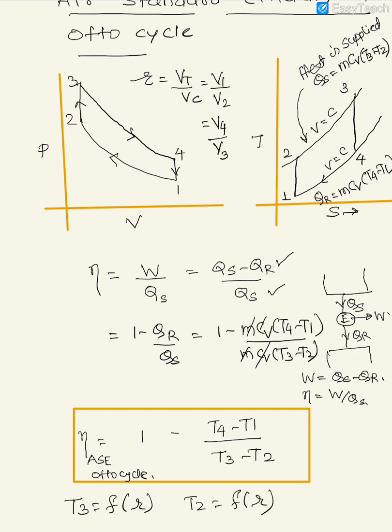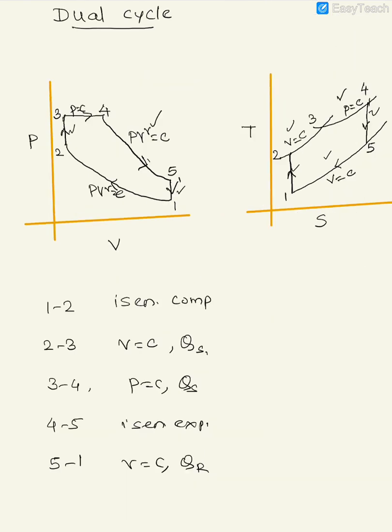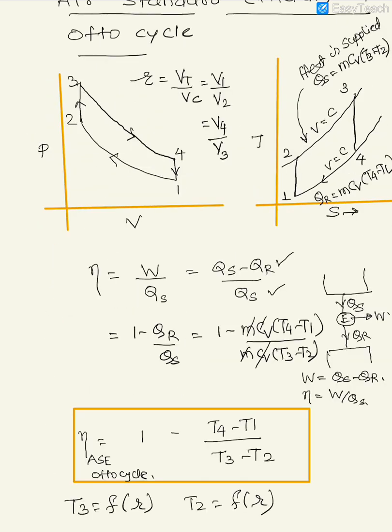Now let me substitute this in the earlier equation. I had got T2 as T1 into r raised to gamma minus 1, and T3 as T4 into r raised to gamma minus 1. So this becomes (T4 minus T1) upon (T4 into r raised to gamma minus 1 minus T1 into r raised to gamma minus 1).